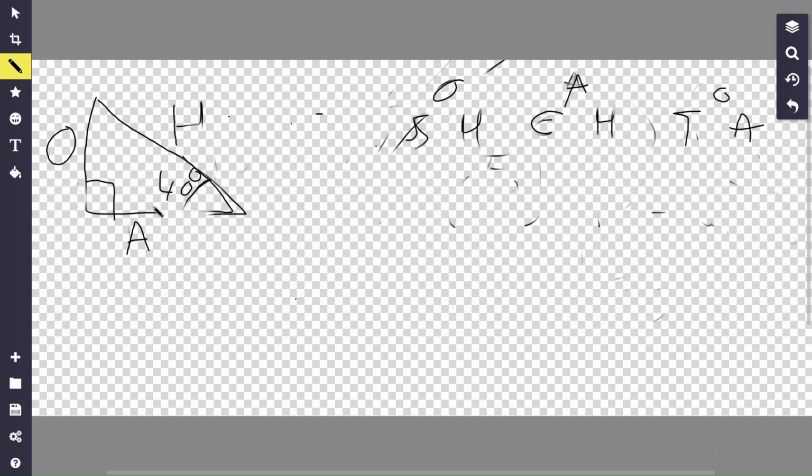So we've got a 40-degree triangle still. We're looking for A, so length X, and we've got 8 centimeters or meters for O. So obviously we're looking for A and we've got O. So there's no A in SOH so you can't use that.